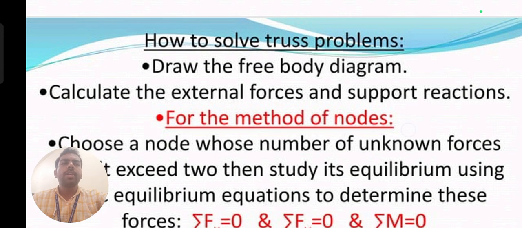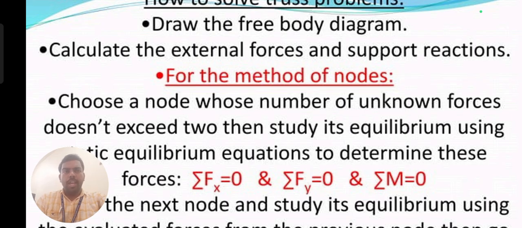So how do we solve the truss problem? First of all, you have to draw the free body diagram of the truss. On that free body diagram, the type of load acting on that particular plane should be finalized. So first draw the free body diagram, which you already know, and calculate the external forces and the support reactions.